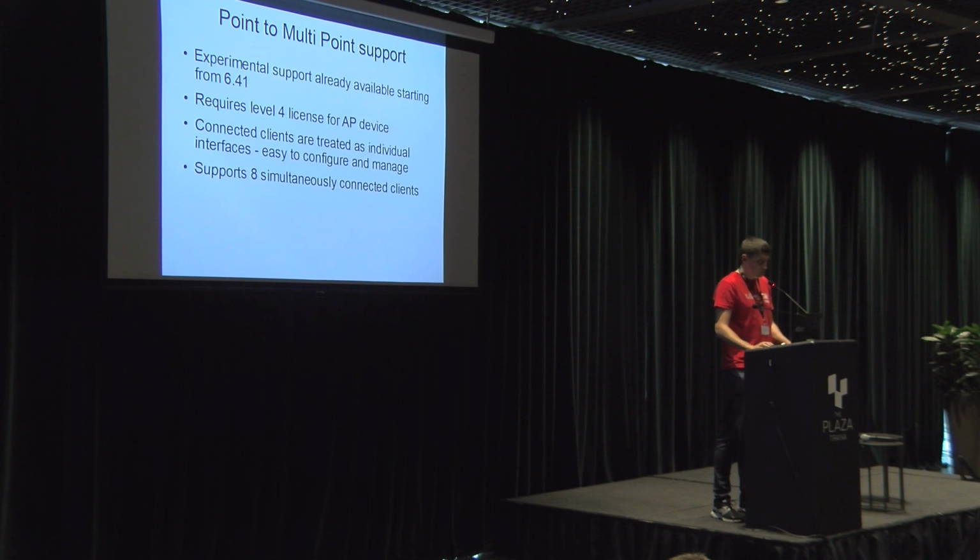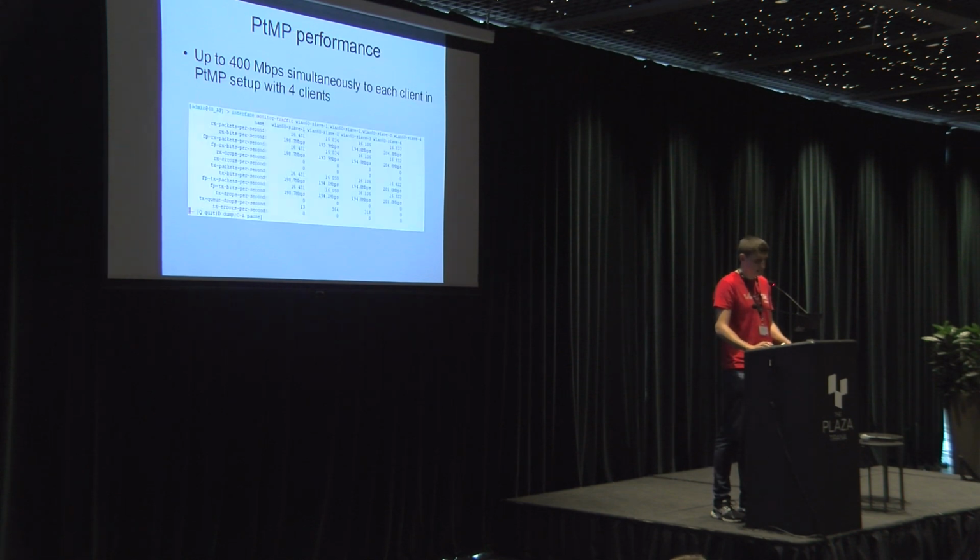The point-to-multipoint setup supports up to 8 simultaneously connected clients. And here we can see a point-to-multipoint performance test up to 400 megabytes per second simultaneously to each client in a point-to-multipoint setup.